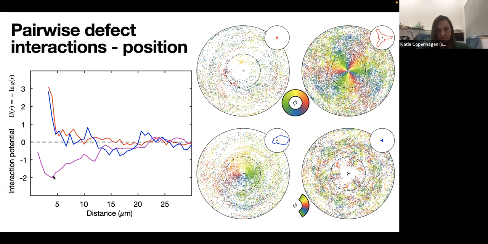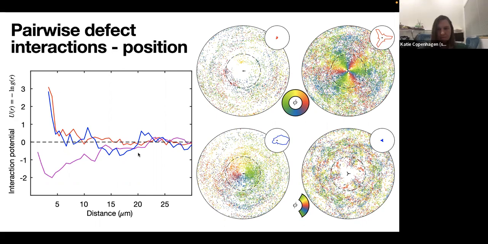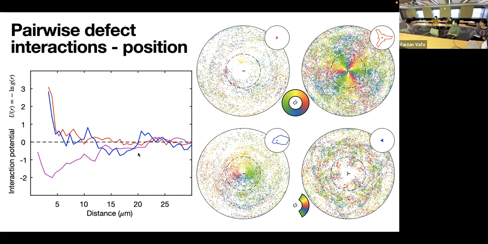But if the plus half has run away and is self-propelling, then eventually at further distances, one would imagine that it doesn't feel the elastic interaction as much simply because it's further away, and then activity should dominate and cause it to either decorrelate or effectively seem like repelling away from the minus half defect.